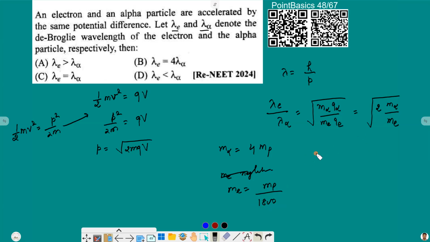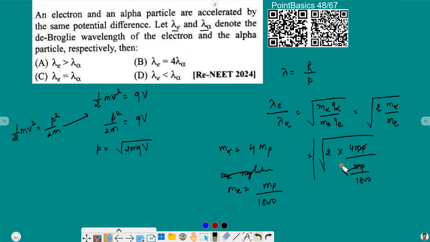So if I substitute these values here, as it is in the root, the mass of alpha will be 4 times the mass of proton, and here I will get mp by 1800.